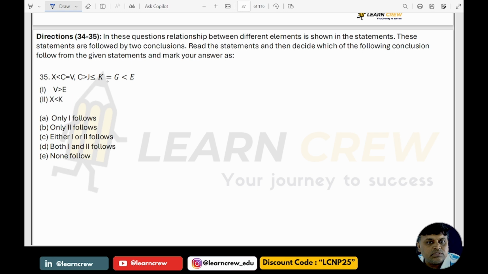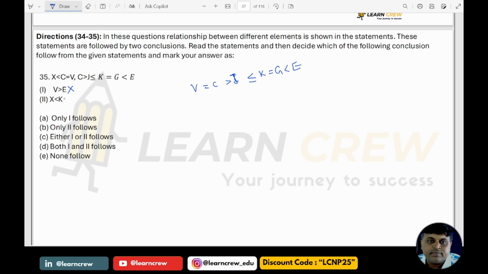Now G is equal to K. V is equal to C, and C is greater than J, and J is less than or equal to K is equal to G less than E. So here you have greater than, less than, different inequalities. So the relation can't be established.